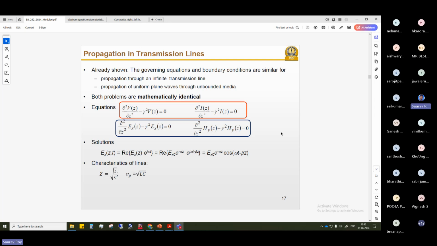Okay, so I suppose you have not heard about it. Generally plasma, like the real ionosphere plasma, behaves like a negative permittivity material. Epsilon r is negative. So that is one case.